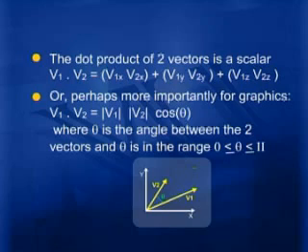So if we have v1 and v2, we know how to calculate the magnitude of each. We calculate the magnitude of v1, we calculate the magnitude of v2, we know the angle between the two, we take cosine of that angle and we multiply them all together to come up with the dot product of the two vectors, where this theta has a range between 0 and pi.